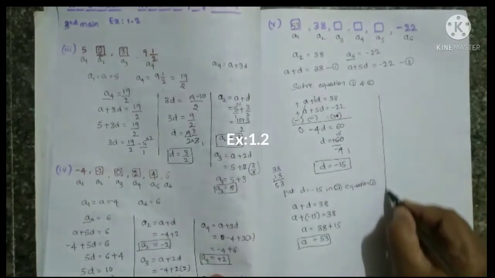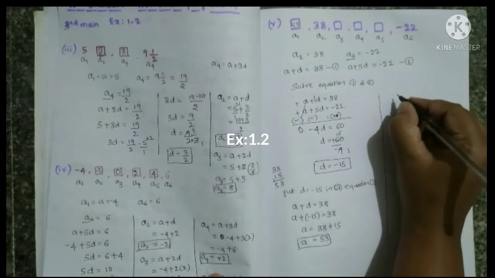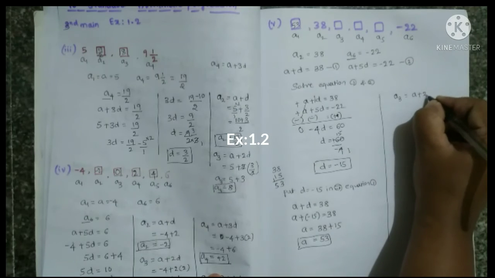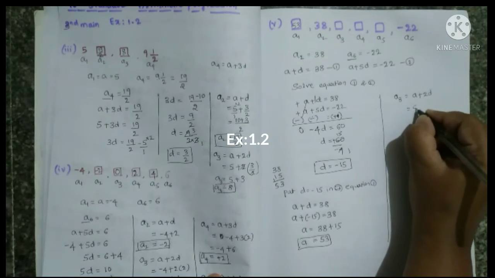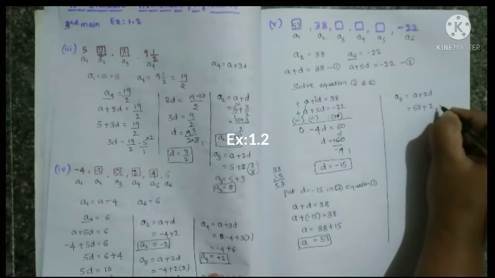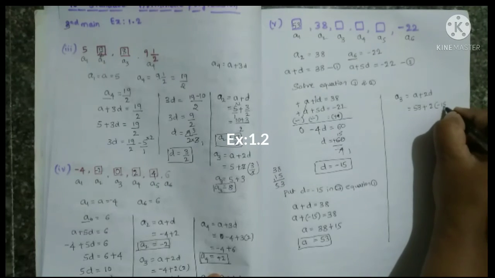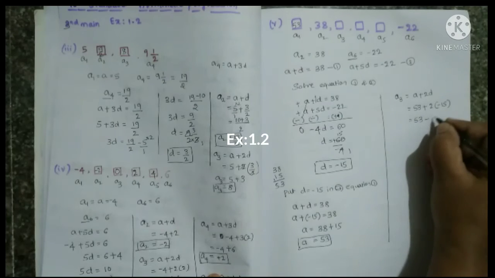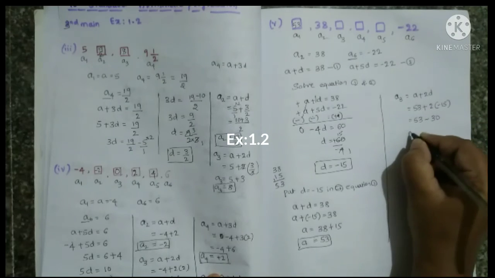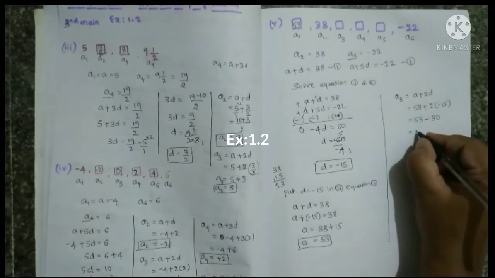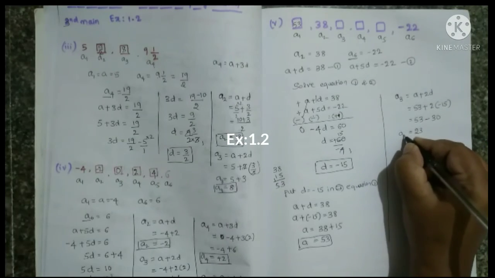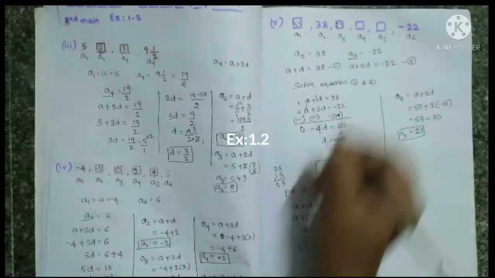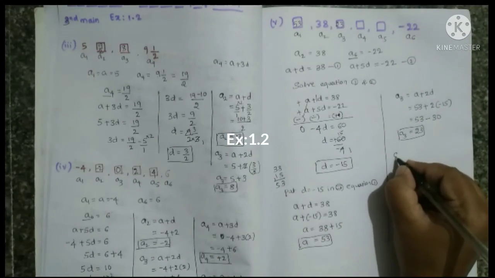A2 is already given. What do we have to find next? A3. The A3 formula is A plus 2D. A value is 53 plus 2 into D value, minus 15. So 53 plus into minus is minus, 2 fifteens are 30. 53 minus 30 is 23. This is A3, 23. Next we'll find A4.